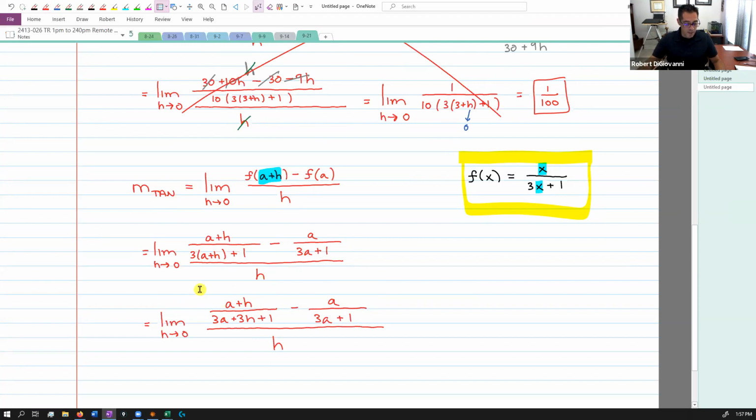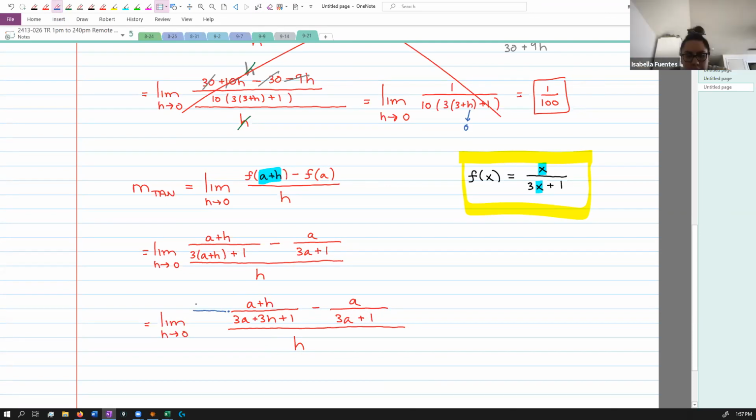Now your common denominator, right? I will multiply the first fraction over here by what? 3a plus 1. We've got to do that here and here.